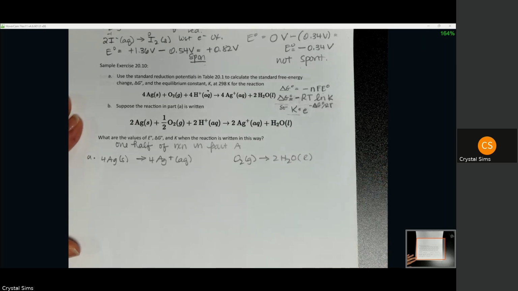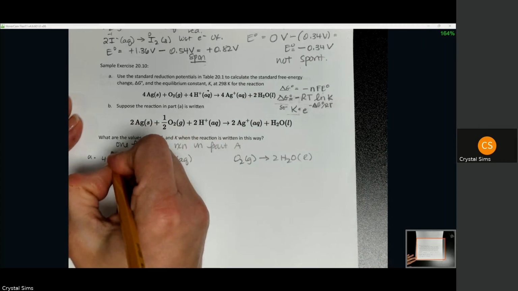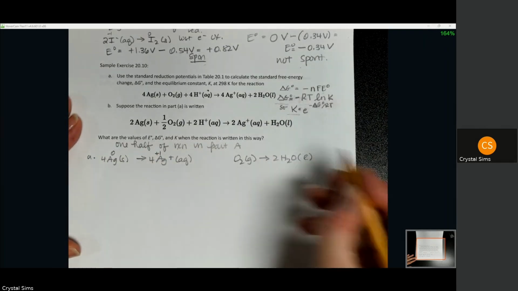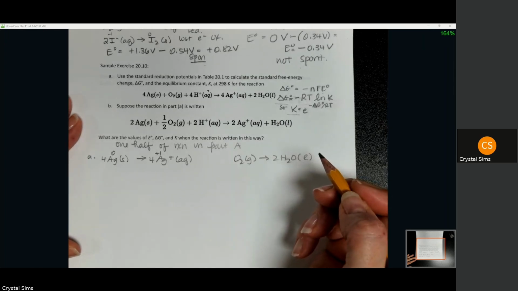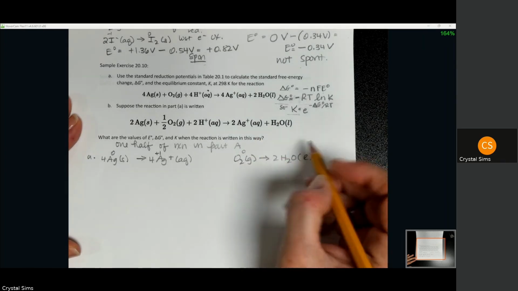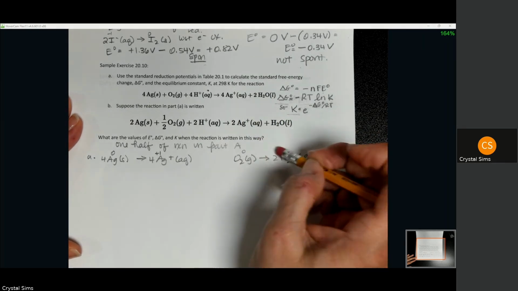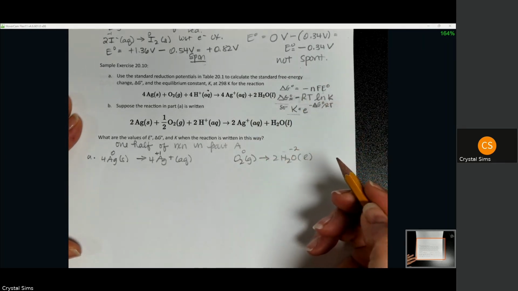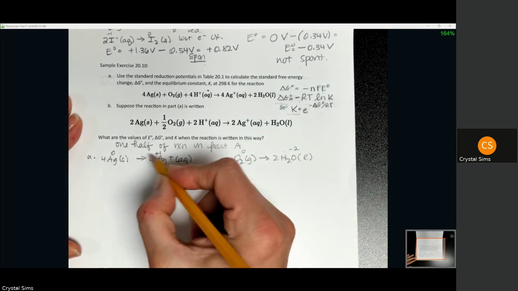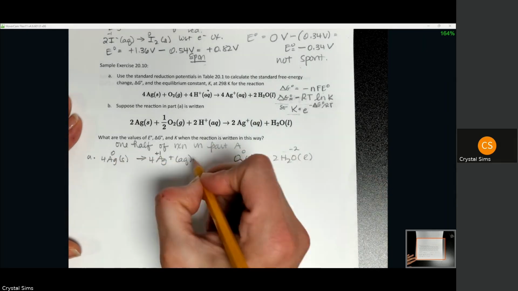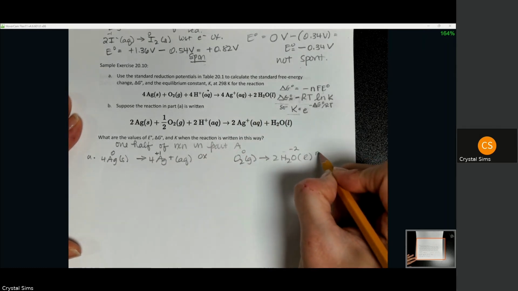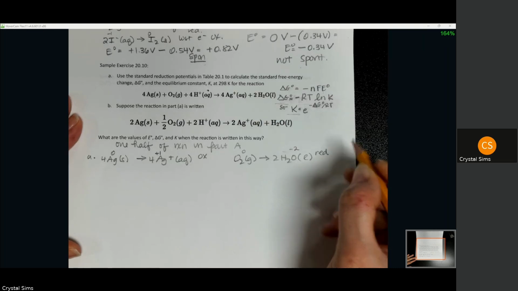And let's get our oxidation numbers. For silver, I go from 0 to +1, and for oxygen, I go from 0 to -2. So that tells me here that silver lost electrons, so it is going to be oxidized, and the oxygen gained, so it is going to be reduced.